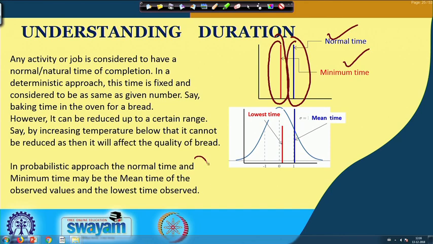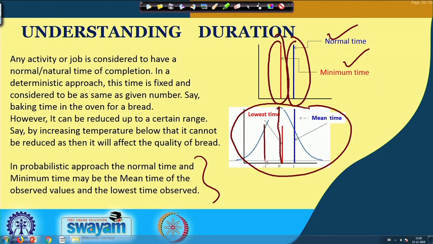In our probabilistic manner, we can have different types of system, where we may consider, I think this is shifted a little bit, the mean time at this position and maybe the lowest time at this position, which may be possible here.